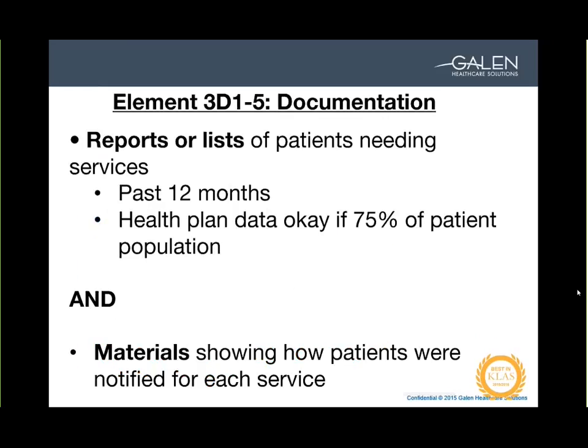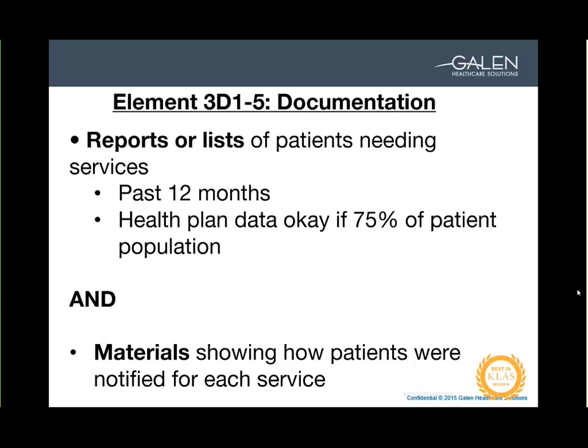Okay, so for 1 to 5, you basically have to give reports or list of patients needing those services. So you're going to look in the last 12 months. You can certainly use health plan data. Sometimes the health plans will send out statistics to you, right? They'll send out and say, you know, you have this many population with diabetics. Here's everyone that there are.